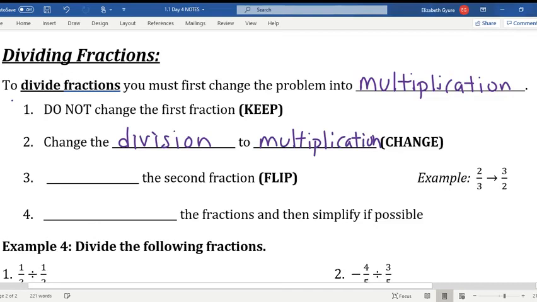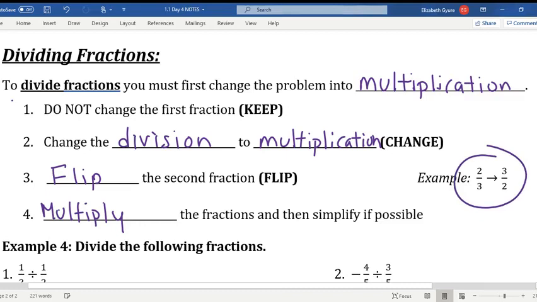Then you're going to flip, or inverse, the second fraction. We'll just say flip. We'll keep our terminology easy here. And then you multiply the fractions and simplify if possible. So when I say flip the fraction, it's technically called the reciprocal.